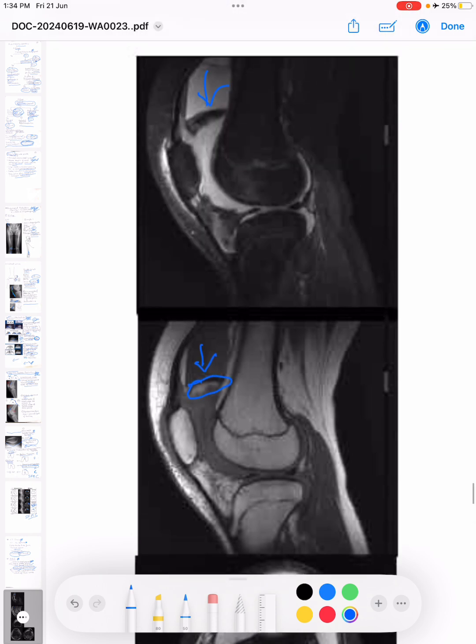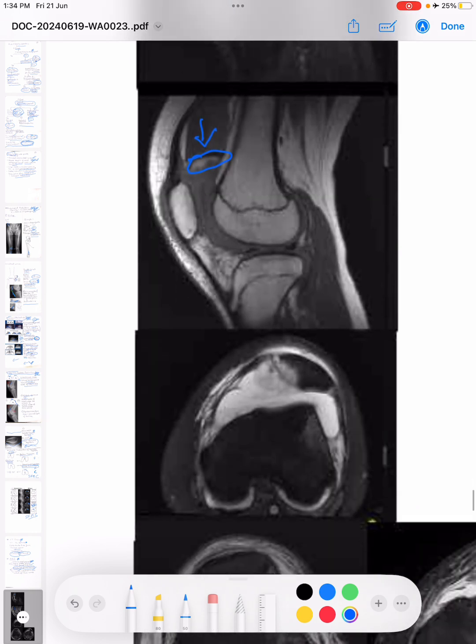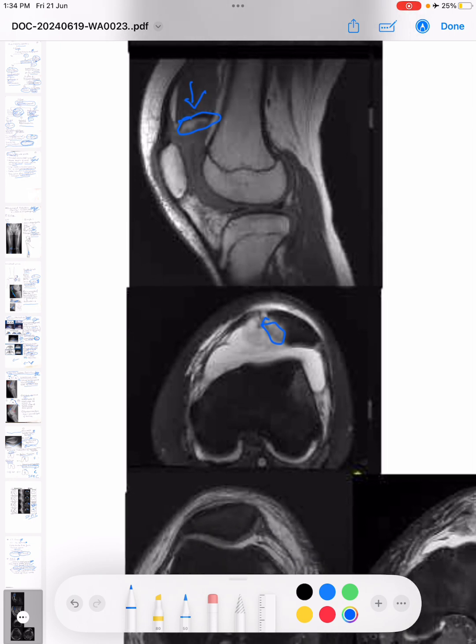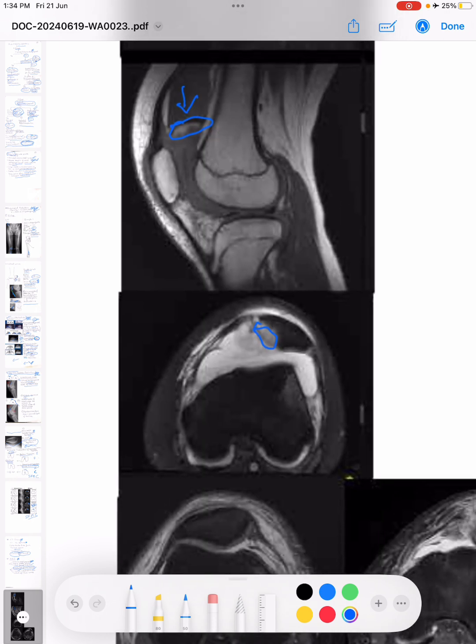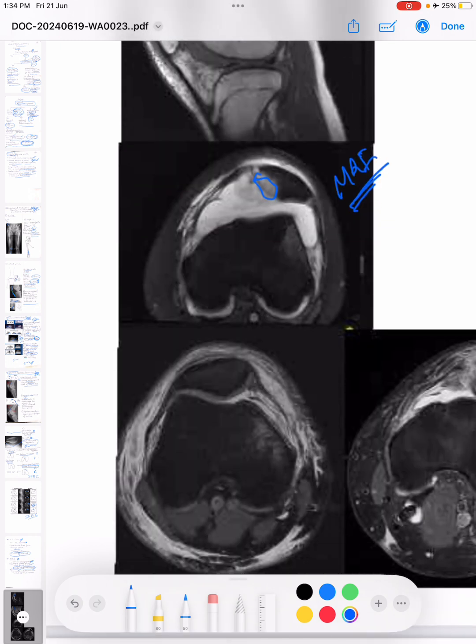So you need to go for fixing the osteochondral fragment along with the repair of the medial patellofemoral ligament, in the inferomedial pole of the patella, from where most commonly the osteochondral fragment comes up. Right? So that is the reason why getting an MRI done is very important, to look for the osteochondral fragment and the MPFL tear.